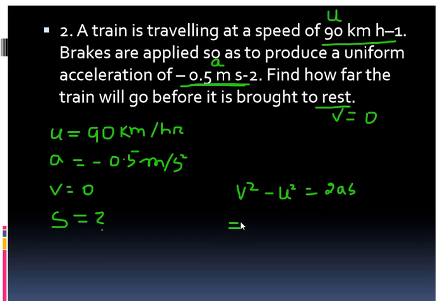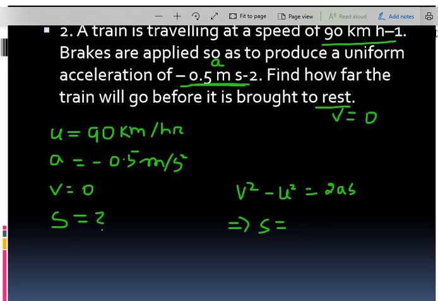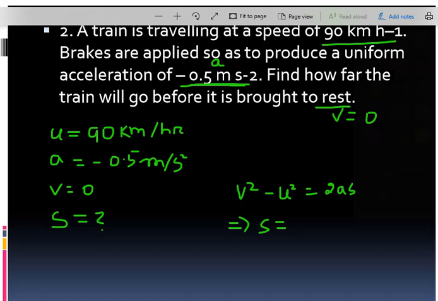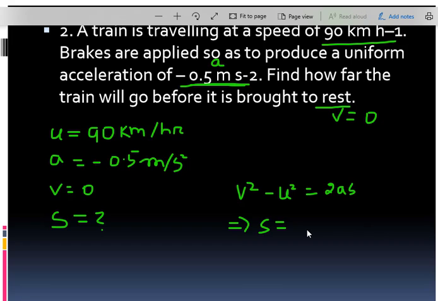Now here, as we are going to find out the displacement s, s is equal to v square minus u square divided by 2a.